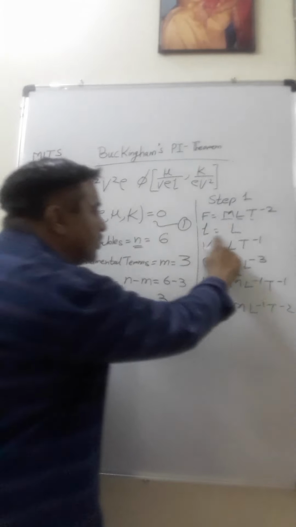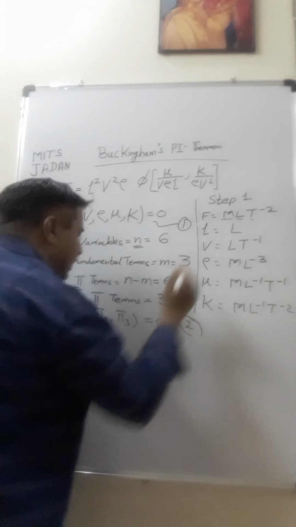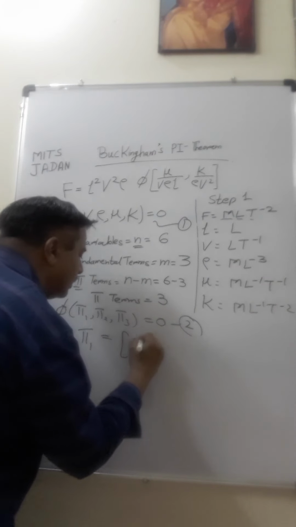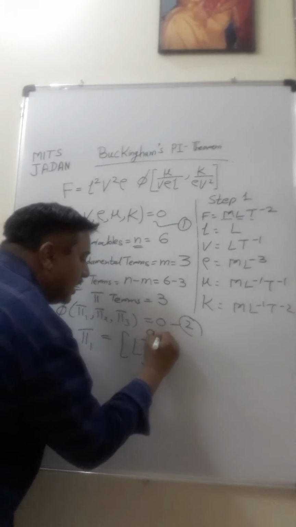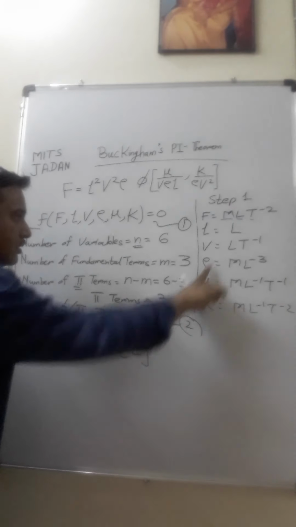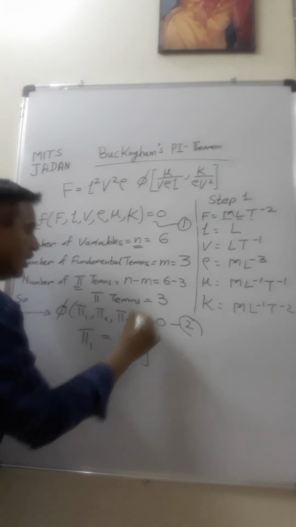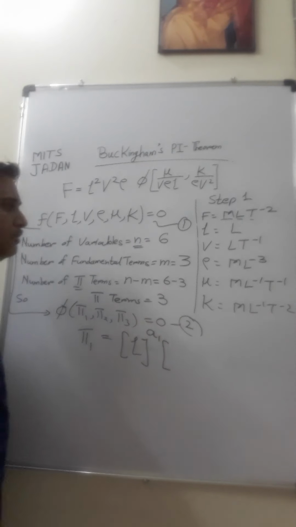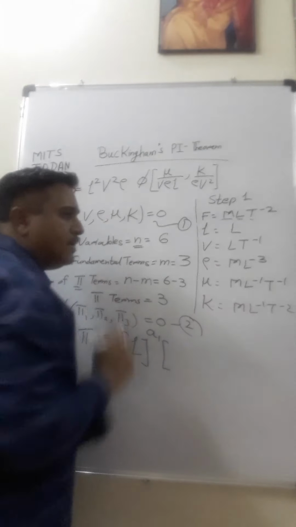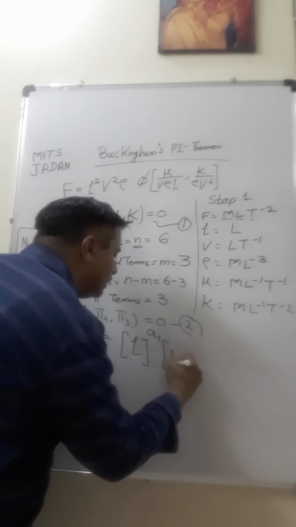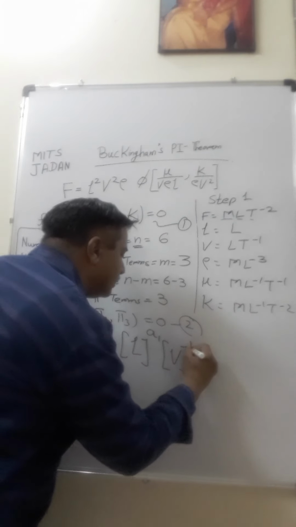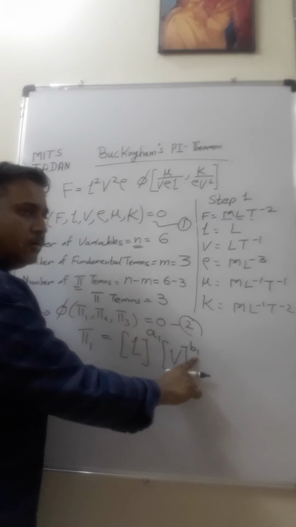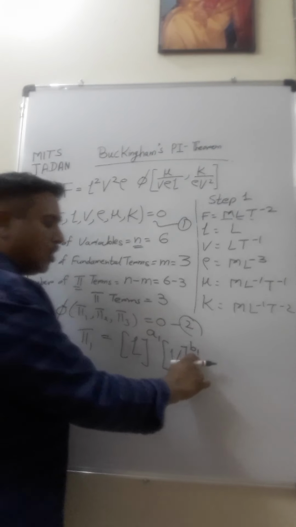So now I am selecting one geometrical parameter. I am writing here L raised to the power A1. This is my first parameter. Second, I am taking the velocity. This is the flow parameter, and I am raising it to the power B1.